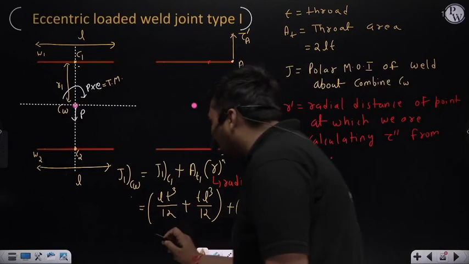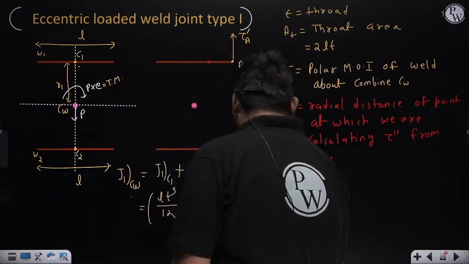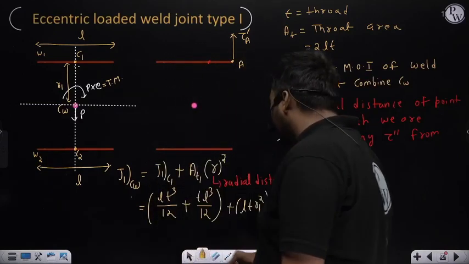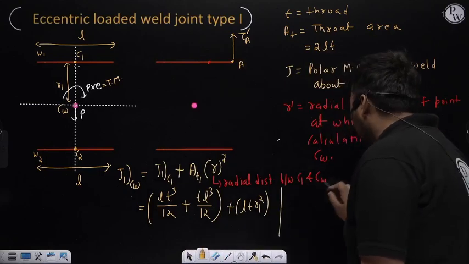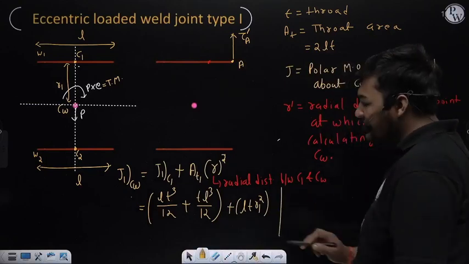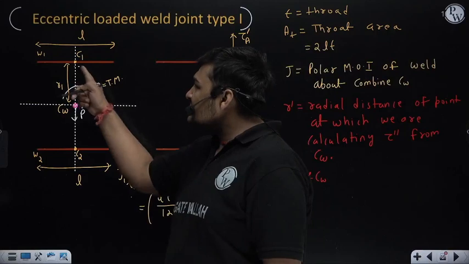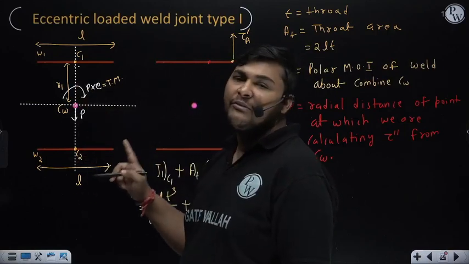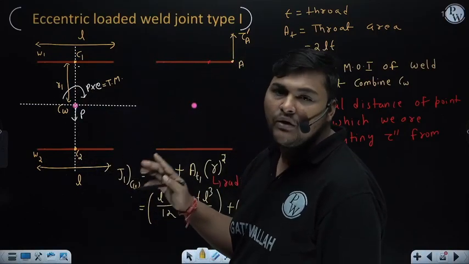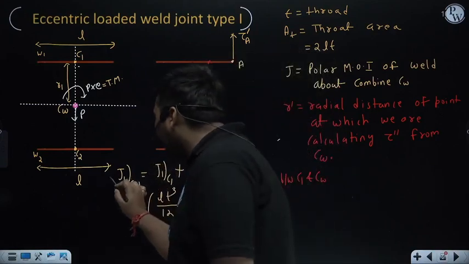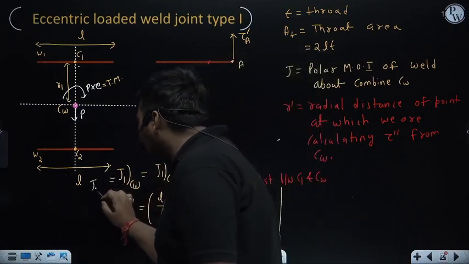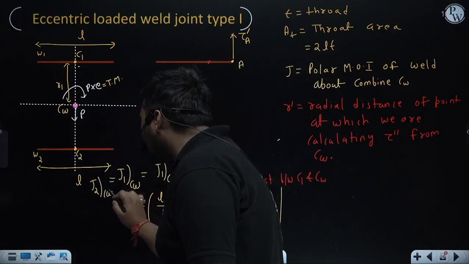In a similar manner, you can also calculate J2CW, in the same manner. Right now, since this diagram is symmetric, J1CW and J2CW will come out the same. So can I say that due to symmetry, J1CW will be exactly equal to J2CW?